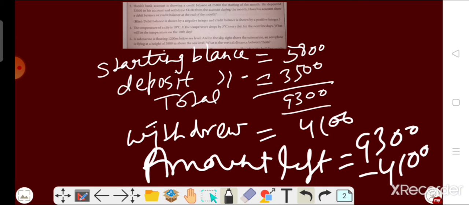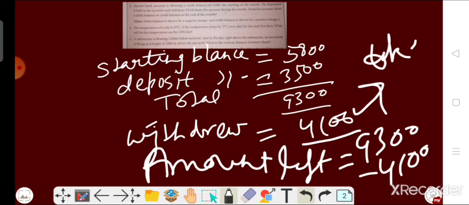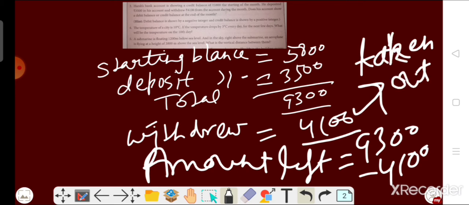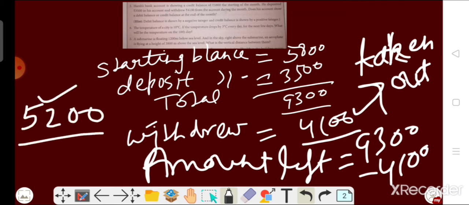Okay, because, beta, this amount 4100 is taken out, so we have to subtract this. So at the end of the month, what amount does Harsh have? 5200, and this is positive, so we can say Harsh's account has a credit balance.